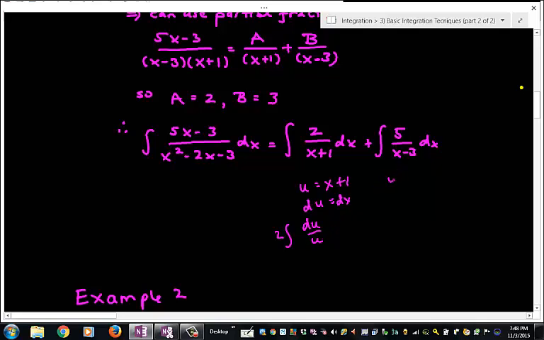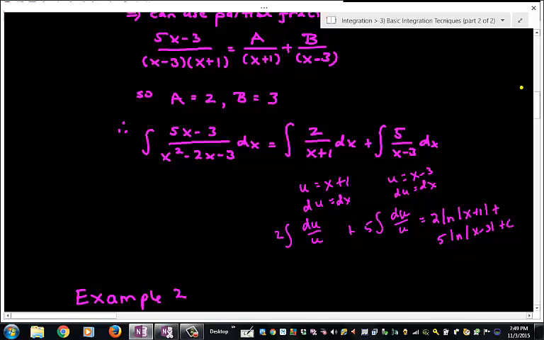And the same thing here, I can let u be equal to x minus 3, du will be equal to dx, and by the same token I'll have plus 5 du over u. And you integrate both of these, and your final answer will be 2 times natural log of x plus 1 plus 5 times natural log of x minus 3 plus my constant of integration.